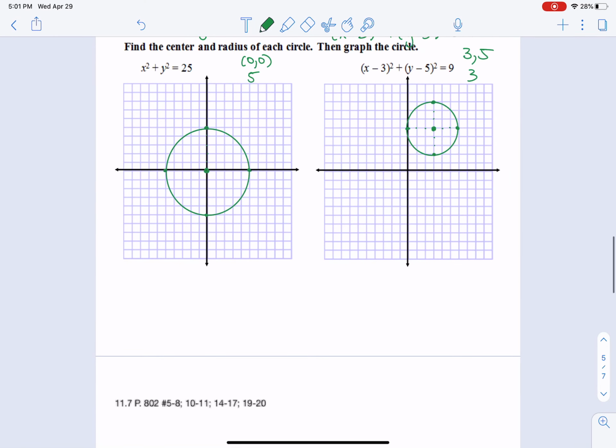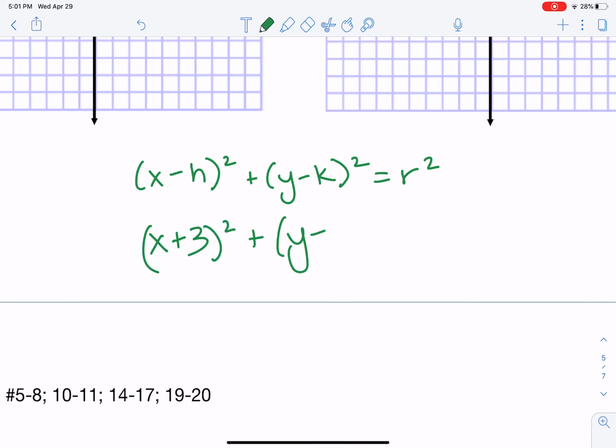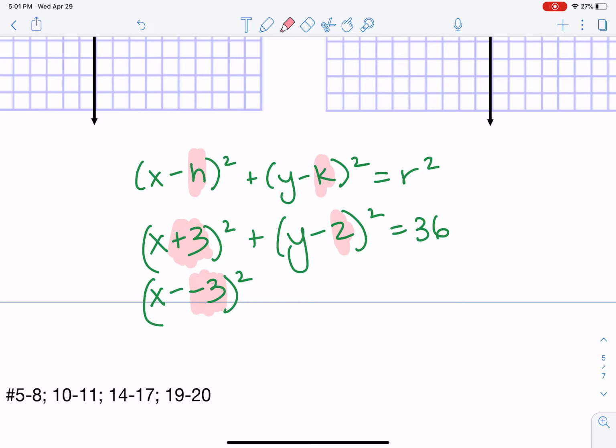So I guess the biggest thing to take away is if you have an equation like this, this plus right here is the same as x minus -3. And that way it can match up with your formula. So the h would be -3 in that case. Whereas like here, the k is just 2 because the minus sign matches.